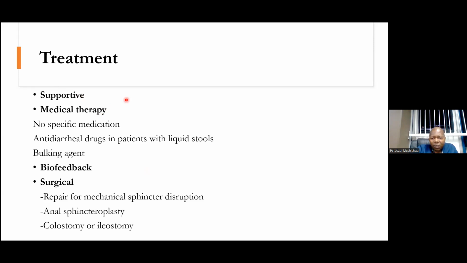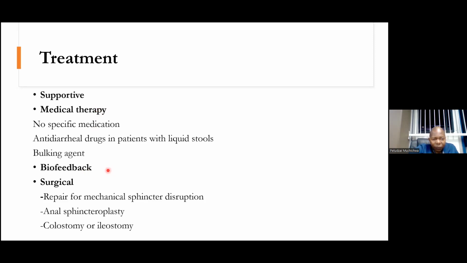There is no specific medical therapy that really benefits patients with fecal incontinence, except when it's largely diarrhea, where antidiarrheals may help. Also, there may be a role for bulking agents in patients with diarrheal fecal incontinence.